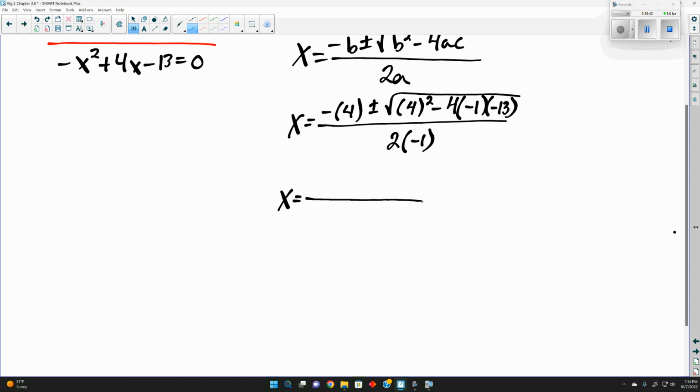Questions on this so far? Now we'll need to simplify it, so we would have negative 4 plus or minus our square root. The denominator, 2 times negative 1, is going to be negative 2.